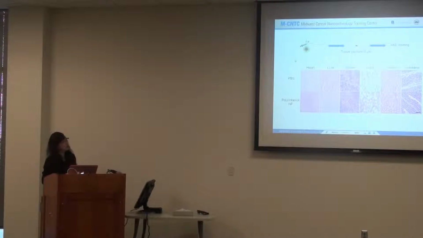And after 24 hours, we take out the different organs, do the HE staining, and compare with the mice treated with PBS. With the pathologist's help, we can see that no major organ damage has been observed in the polymeric nanoparticle-treated tissues compared to the PBS-treated tissues. In this case, we can show the low in vivo acute toxicity of these systems.